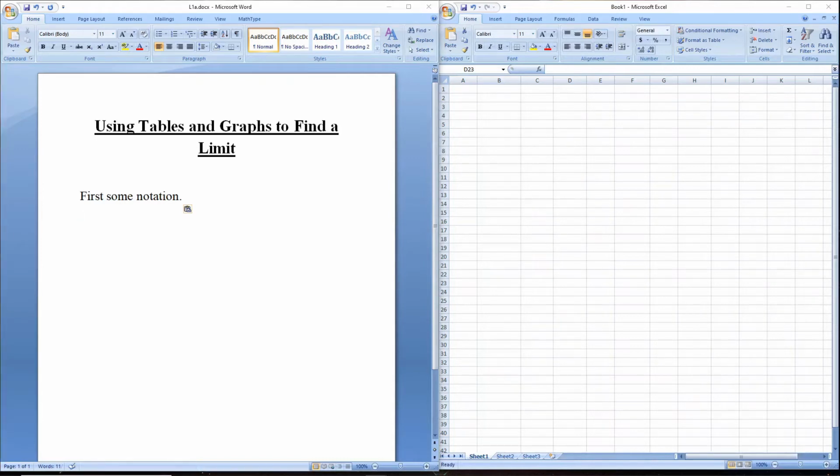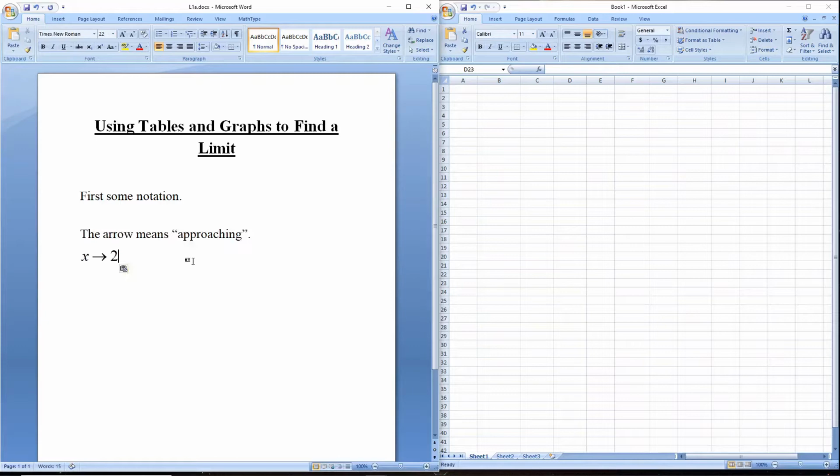So, if you've been noticing, I've been using the word like goes towards or approaching a lot. And this gets a symbol. The arrow means approaching. So we would read this statement as x approaches 2. And approaching has to be done in a very specific way.